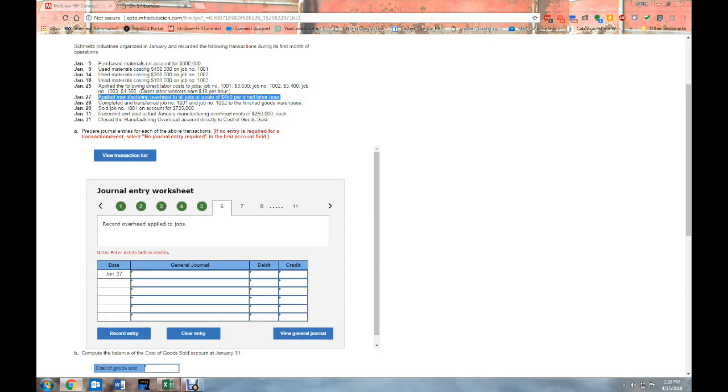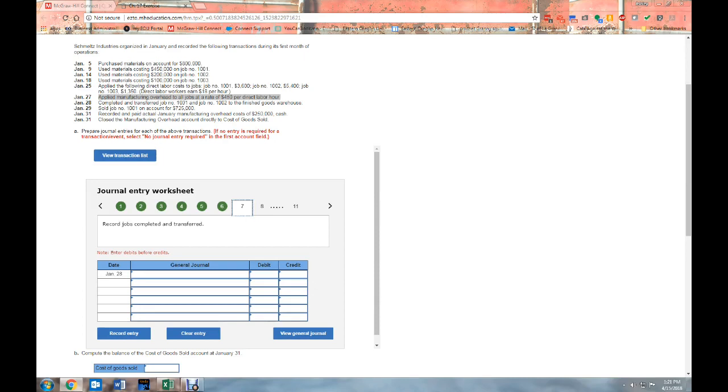So again, work in process inventory is where those costs are going to end up. And we're going to take those costs out of manufacturing overhead. So record that entry.